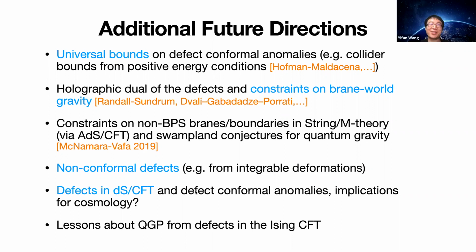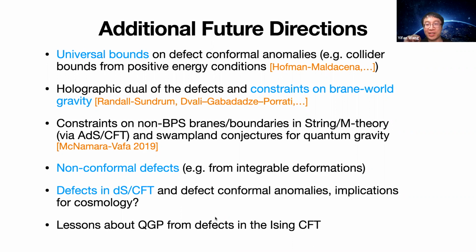And also, I find this last point interesting, which I learned also recently. I didn't know, I think it's probably my ignorance, that the critical point of the quark-gluon plasma is also described by the Ising universality class. It's probably known to many of you. And then there's this interesting bootstrap study of Ising CFT. So we know a lot about the Ising CFT, the low-lying critical exponents, as well as non-trivial line defects in the Ising CFT.